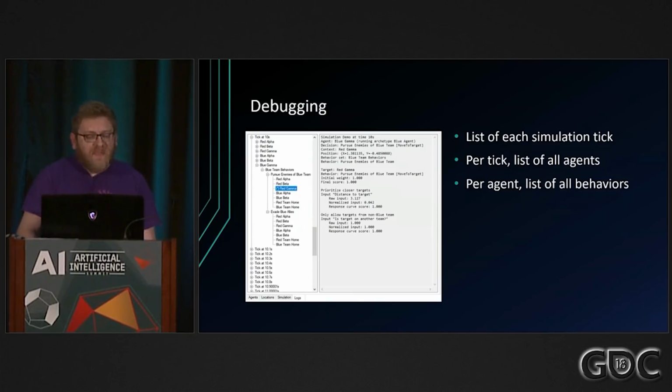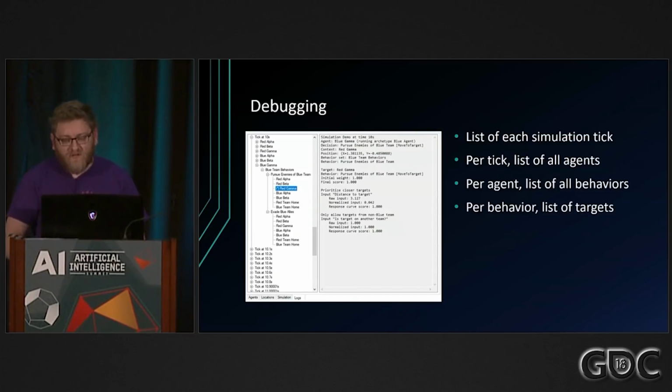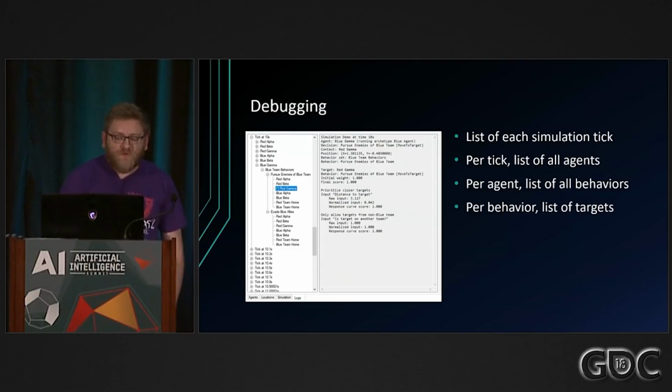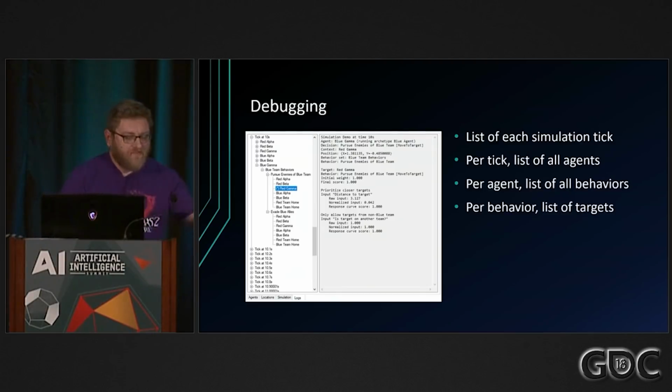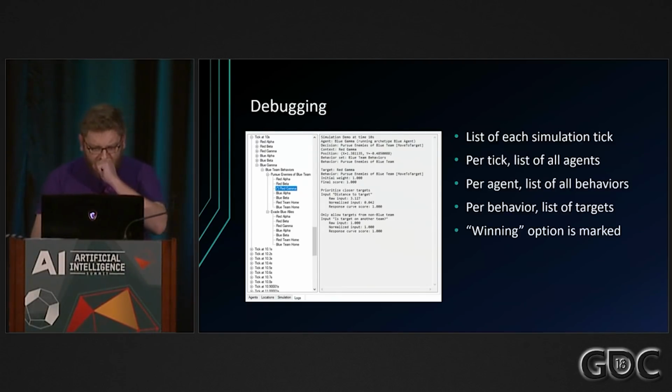For every agent in that layer, there's a list of all the behaviors they considered trying to do. Then for each behavior they thought about doing, there's a list of targets, so relevant things they could do that behavior with in the world. The winning option happens to be marked.